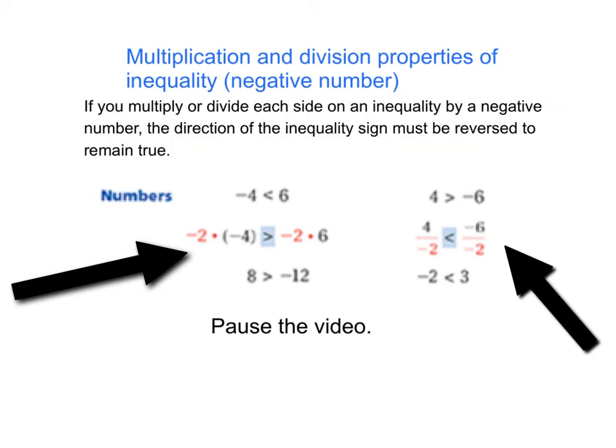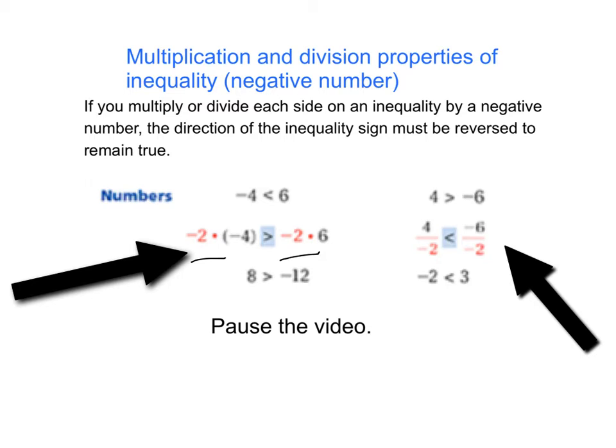Below you can see two inequalities. Negative 4 is less than 6. If I multiply each side of my inequality by a negative number, like negative 2, I will be left with negative 2 times negative 4 and negative 2 times 6.